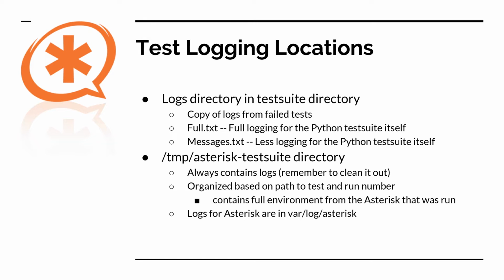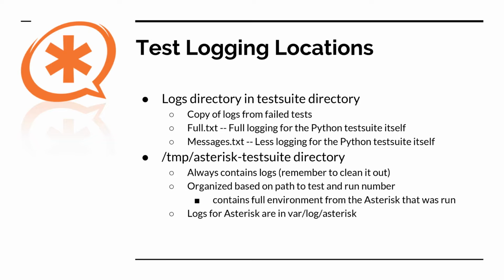The test logging locations: logs are put in the logs directory out of the root of the test suite. The test suite running process itself writes out a full.txt and a messages.txt, which is a smaller version of what was output from the actual Python code as it was running.